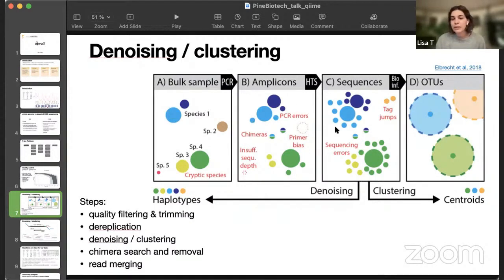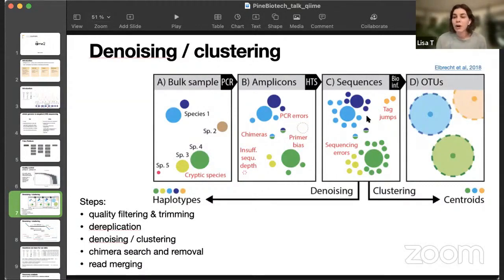And when we sequence, there are even more errors and more unique sequences. And so we end up with a plethora of unique sequences, and clustering algorithms would look for the most abundant sequence and assign it as a center and cluster everything that is 97% similar in one cluster.